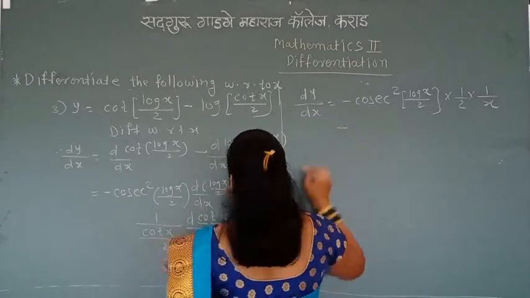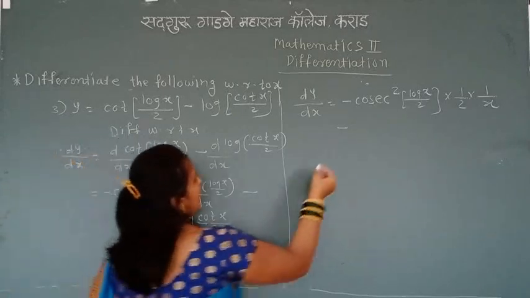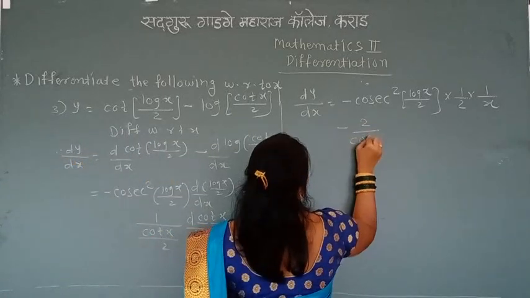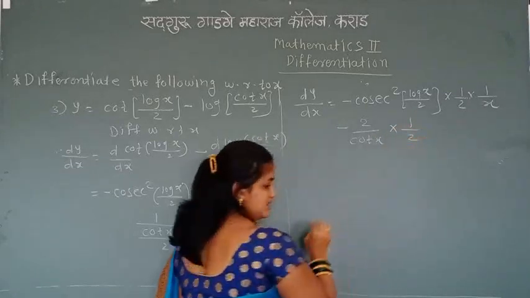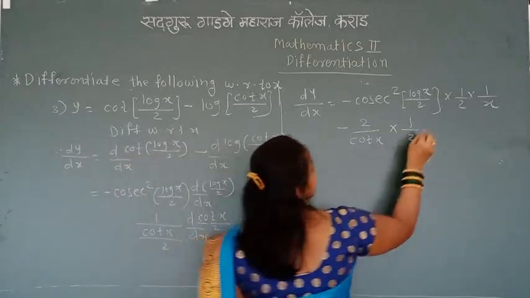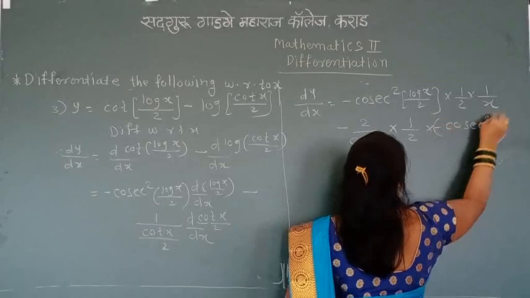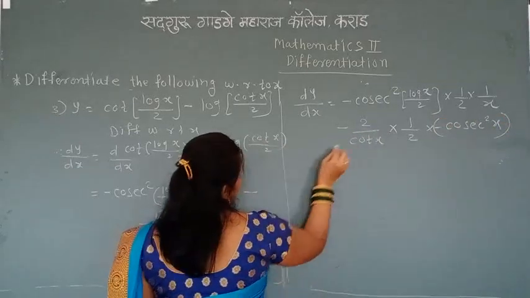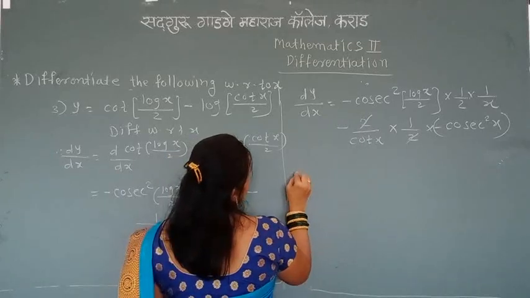Minus, denominator goes to the numerator, so we get 2 upon cot x, multiplied by 1 by 2, because 1 by 2 is a constant, take it outside. What is the derivative of cot x? Which is minus cosec squared x. Now 1 by 2, this cancels out. So we get the final answer.